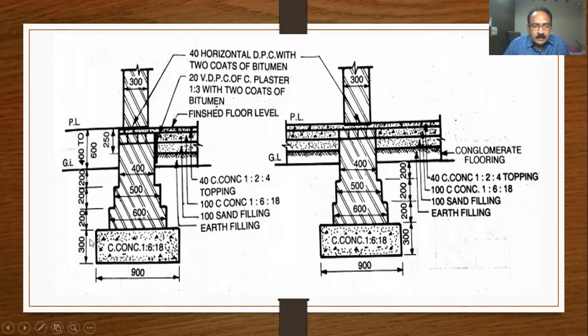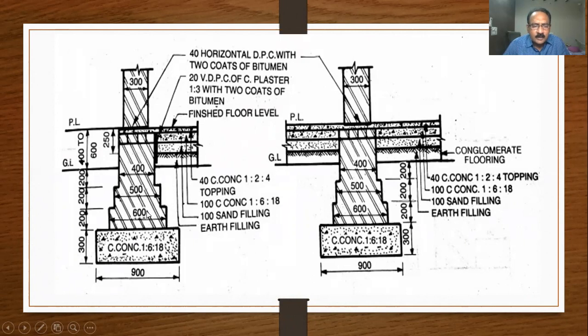Here, the PCC bed, 1:6:18 or 1:2:4:8, so any mix you can use here as PCC, plain cement concrete, as we have seen in the last videos. This is a PCC bed under your foundation. This is the first footing.